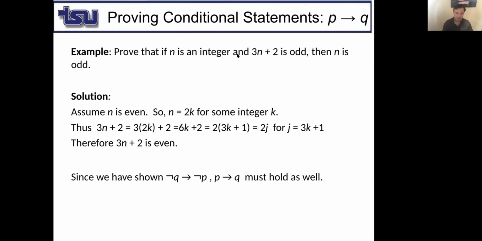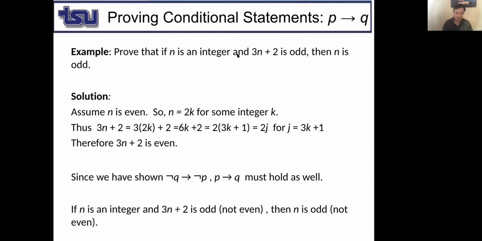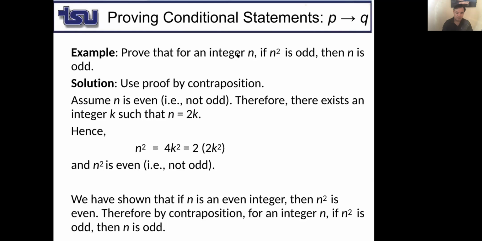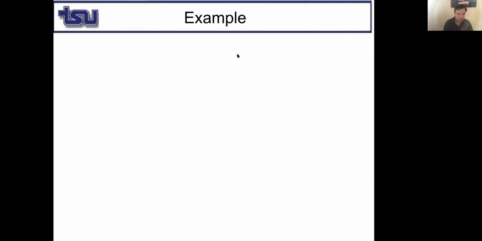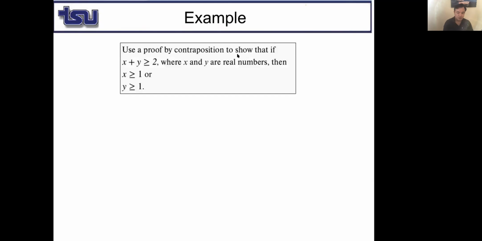Okay. All right. Here's another example. Use proof by contraposition to show that if x plus y is bigger than or equal to 2 for real numbers x and y, then x is bigger than or equal to 1, or y is bigger than or equal to 1.